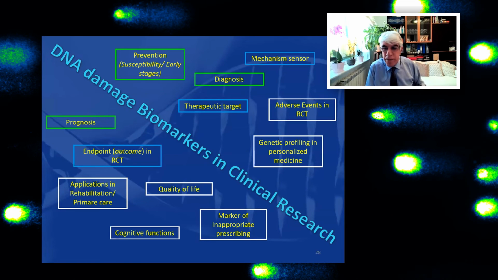You develop a new drug, designed to test overall survival, and you need to wait years before you can use it. You validate the new drug, but in the meantime maybe a new drug has come out. So it's really a problem. And to have biomarkers that can anticipate the final outcome, it's really what the pharmaceutical industry is looking for.